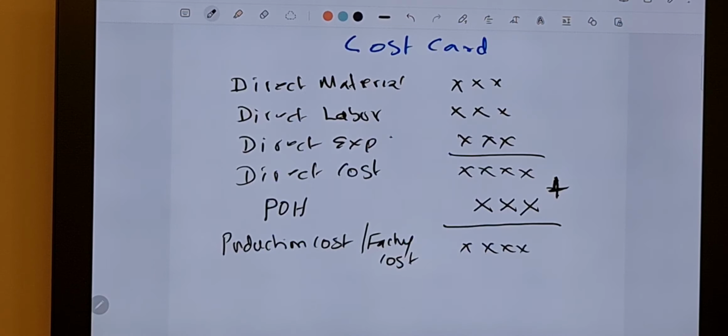Therefore, when the product comes out from the factory, this is the total cost the product is carrying. Later we will be studying how you will absorb, how you will add that cost to this product. There are different techniques available: marginal costing, absorption costing, and activity-based costing are part of your syllabus. This is how the production overheads are added to the final product.